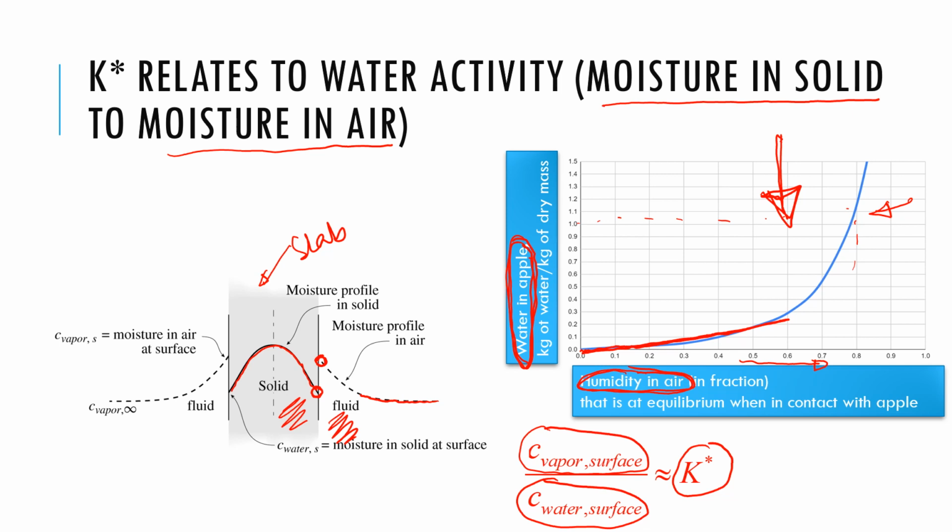So concentration of water in the solid and concentration of water in the vapor, the ratio of that. So that K star comes into the picture when we talk about the Biot number.